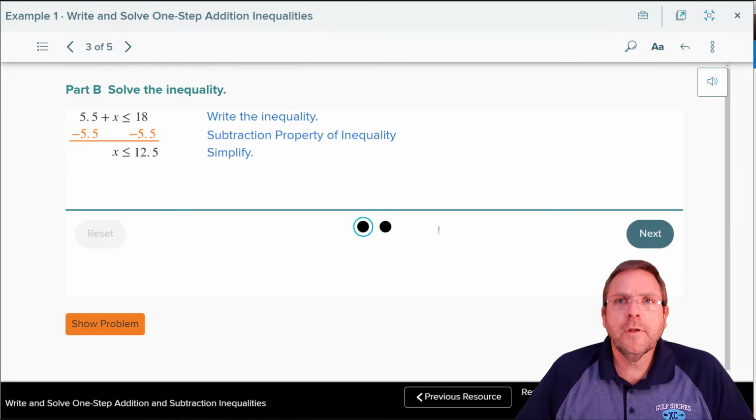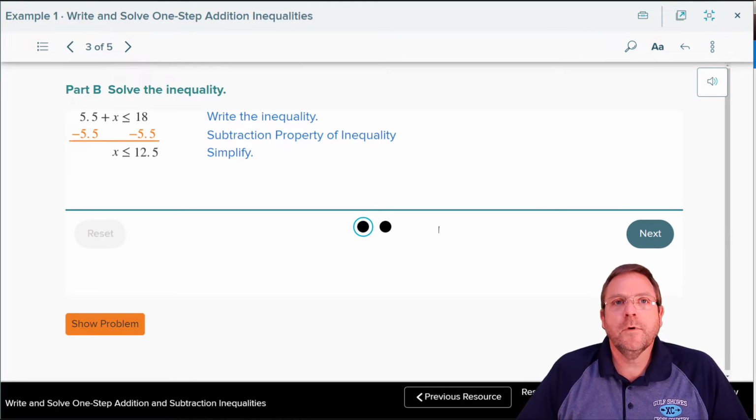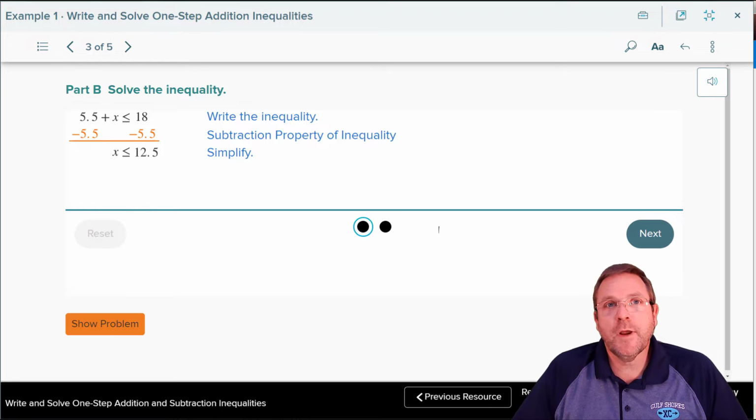Now that we have our inequality, we just have to solve it, and we're going to do this just like we did in yesterday's lesson, where we isolated the variable, undoing the addition or subtraction from both sides. In this case, we're undoing the plus 5.5, and it's a positive 5.5 because of that invisible plus sign in front of it.